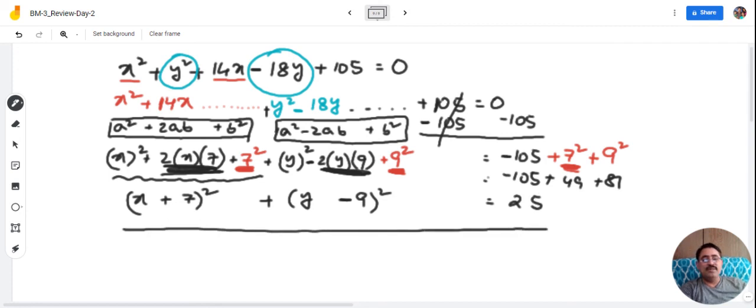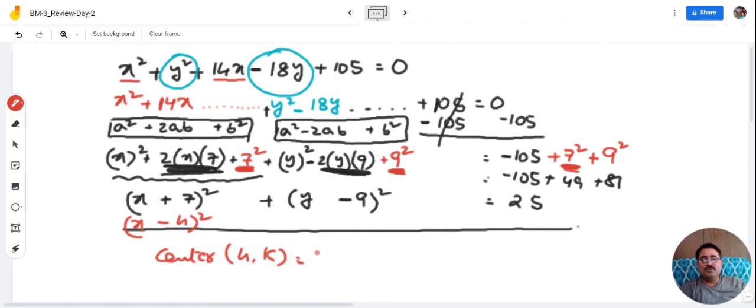Then further you can write this in the standard form. You can say what the center and the radius of the circle are. Okay, don't forget, if you are writing in the form x minus h square, and you see that the sign is not matching, then I told you that you have to switch the sign.